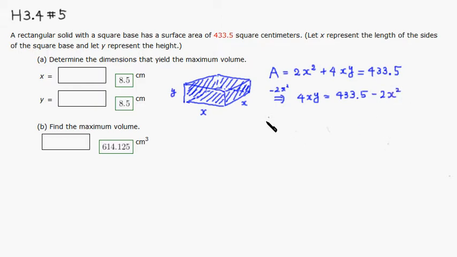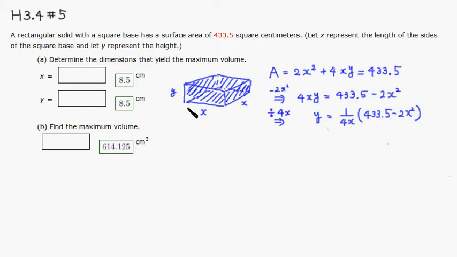Then we can divide through by 4x. So y is equal to 1 over 4x times the quantity 433.5 minus 2x squared. That's y.